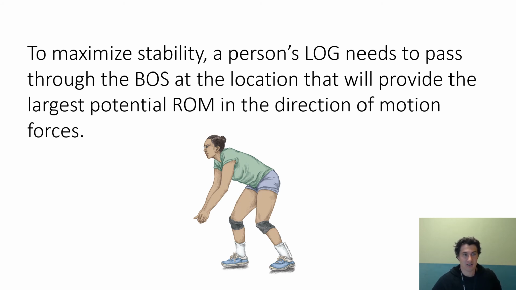To maximize how stable you are, a person's line of gravity needs to pass through their base of support, and where that line passes through that base of support needs to be at a location that will provide the largest potential for movement, range of motion, in the direction of wherever those external forces are coming from, or in the direction that you want to generate those forces. So, line of gravity passing through the base of support in the direction where forces are being generated or being received.